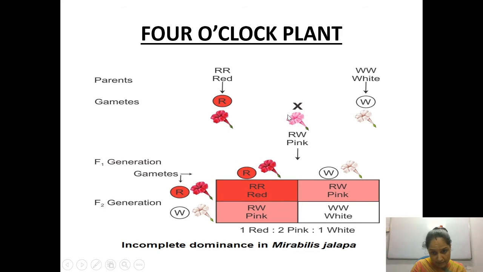When you make a cross between F1 generation, meaning this pink flower should be crossed with another pink flower also. Then you will get the F2 generation, that is known as selfing. So here you are able to see that between the red and the white, neither of the colors is going to show its complete dominance over the other. So here you got neither red nor white, you got the pink one. This is what is known as incomplete dominance. And when you get the F2 generation, then this ratio is going to become 1:2:1.